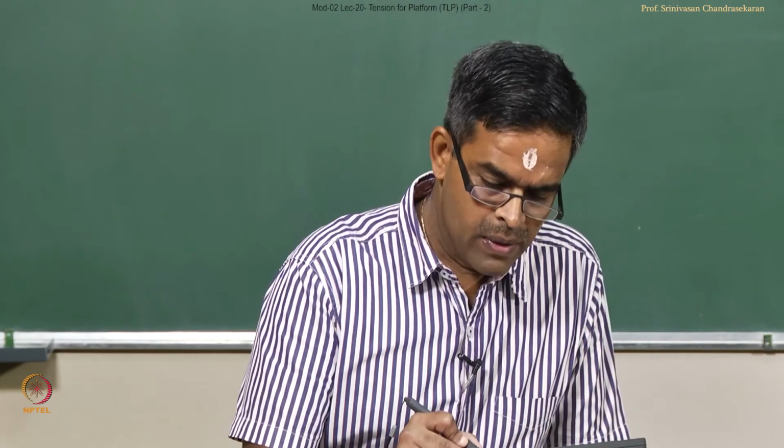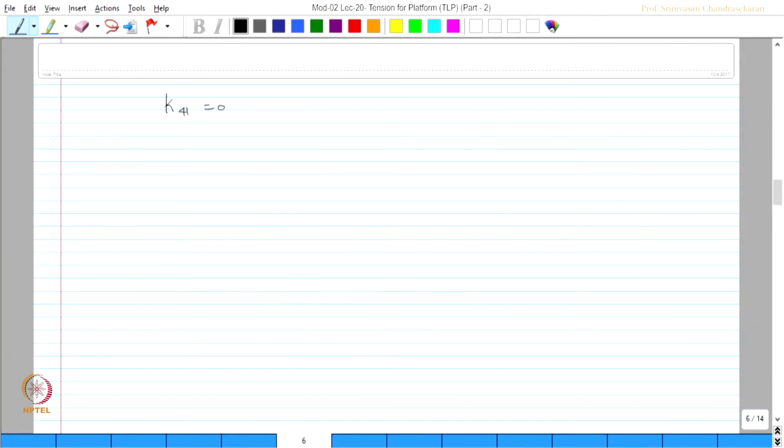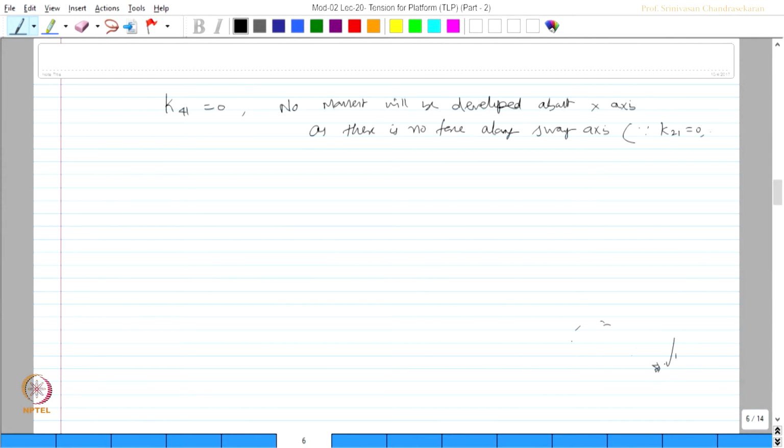Okay. So, K41 will be 0 because no moment will be developed about x axis, as there is no force along sway axis, that is, since K21 is 0, K41 will be 0.